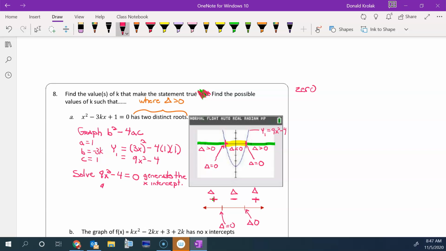So we're going to add 4 to both sides. Following along, Aiden? All right. So I'm going to add 4, add 4. Then I'm going to divide by 9. And then I'm going to take the square root.